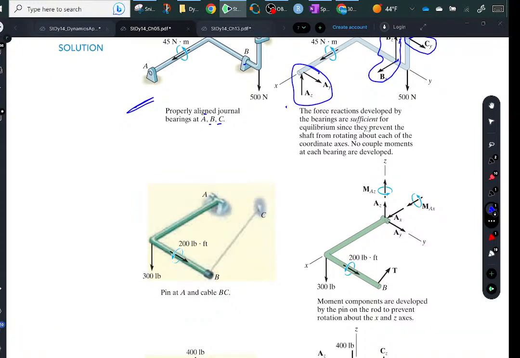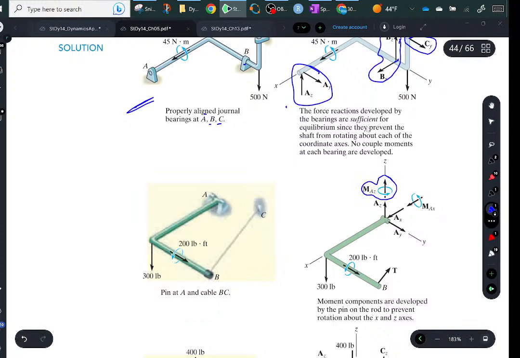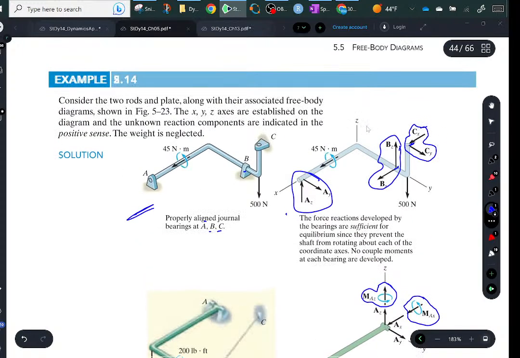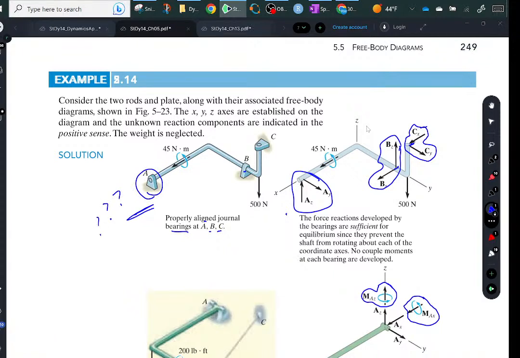Okay, so this one's kind of straightforward. It's got a pin through it. He did put the moment here, and he did put the moment here. So whenever you see these journals, these bearings like here, the first thing I would say is, hey, wait. So that's one of the things I don't like about the things that are presented here.